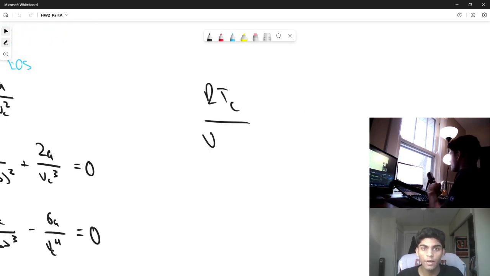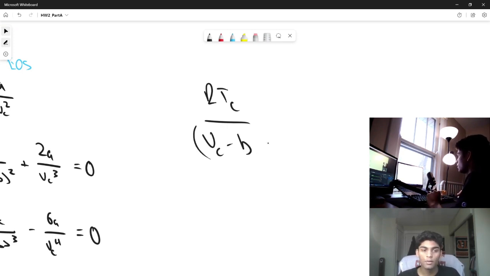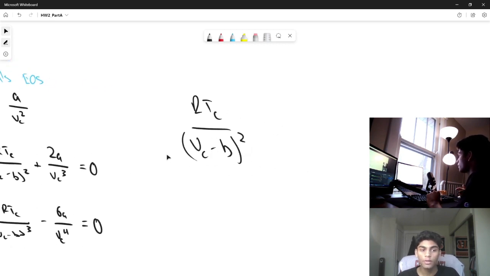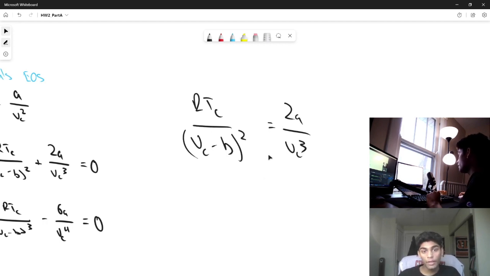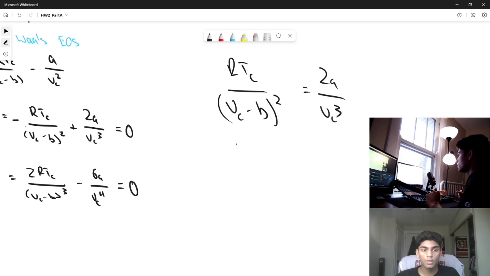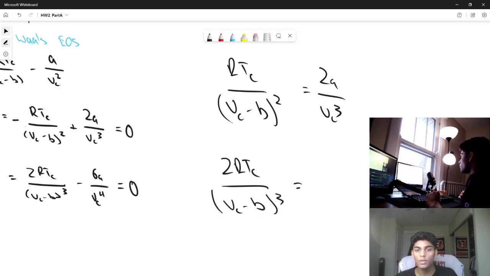My board lagged out. We're just going to ignore that. So RTc over Vc minus B squared is equal to 2A over Vc cubed. And the other equation is going to be 2RTc over Vc minus B cubed equal to 6A over Vc to the 4th.